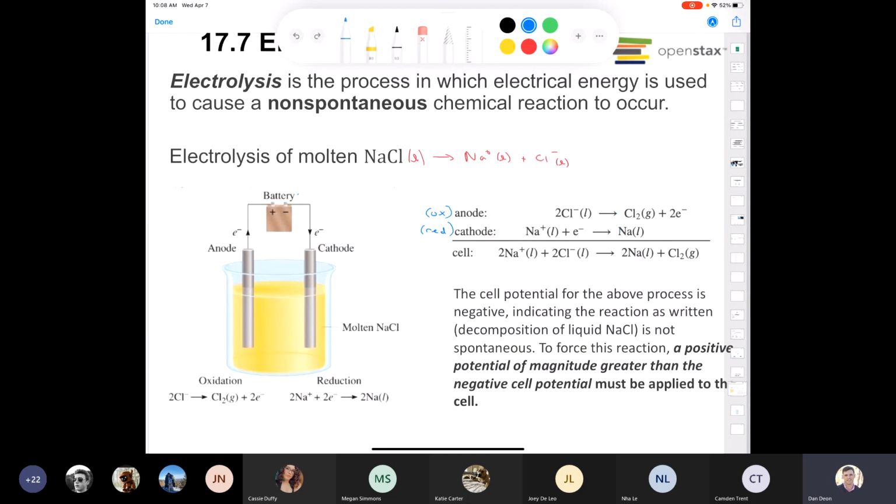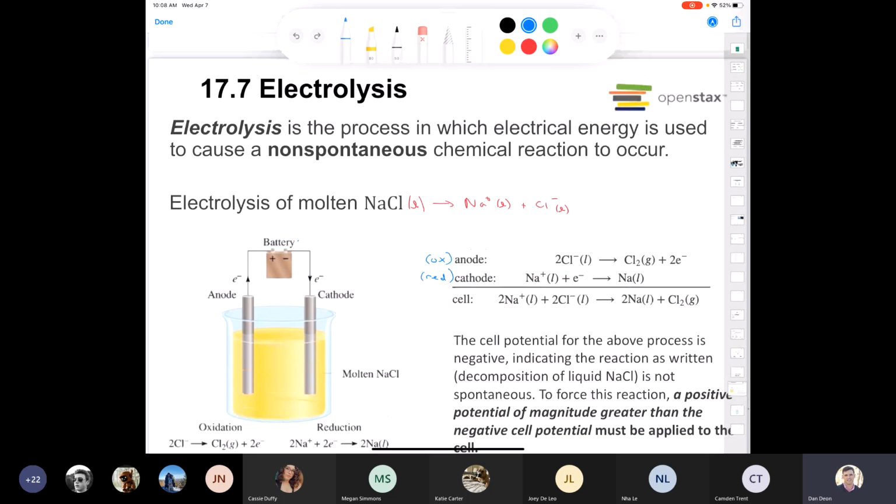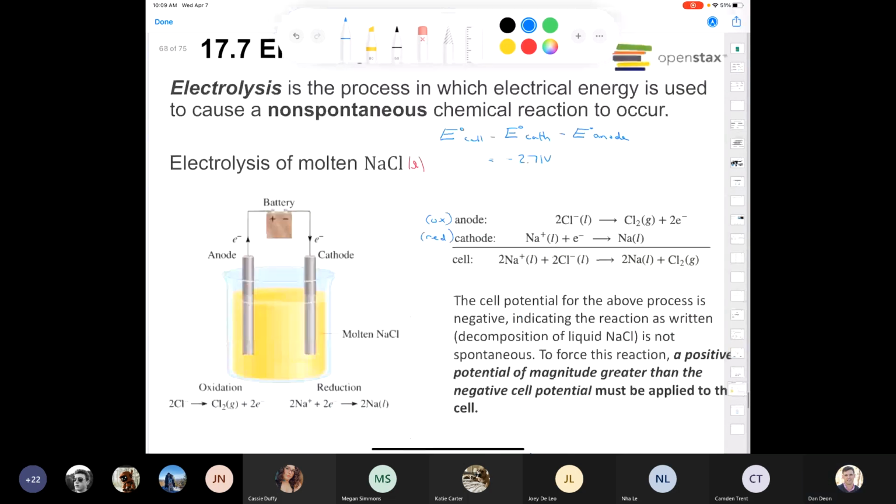They're very non-spontaneous processes. In fact, if you calculate the standard cell potential here, I'll just erase this here. If you use the formula that the standard cell potential is equal to the standard reduction potential of the cathode, subtract the standard reduction potential of the anode, well, the standard reduction potential of our sodium is going to be negative 2.71 volts.